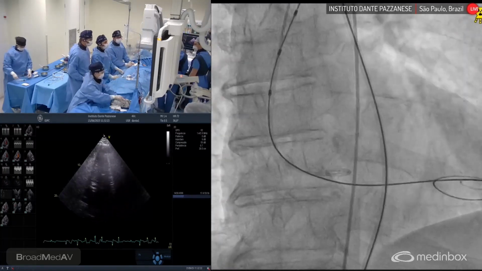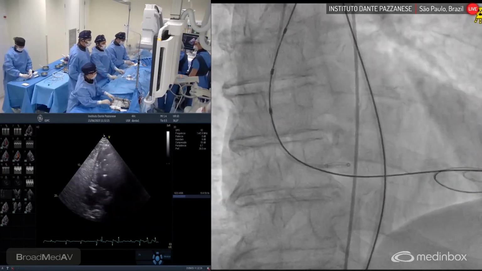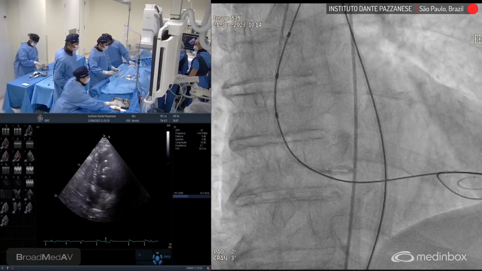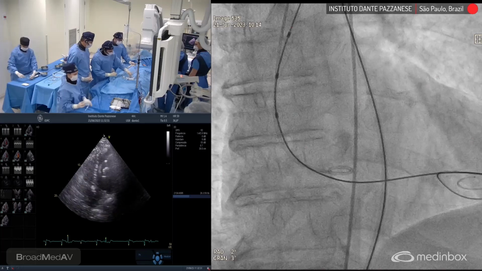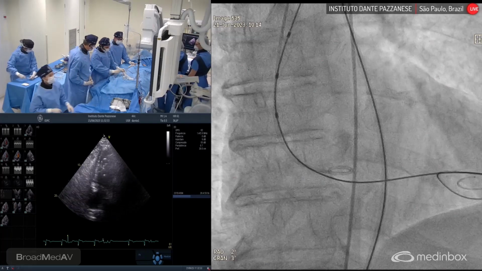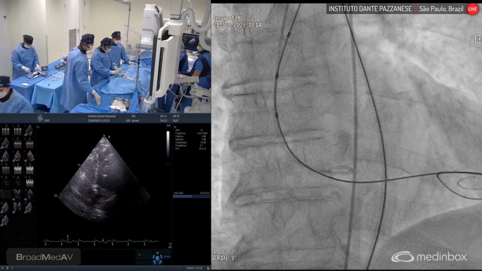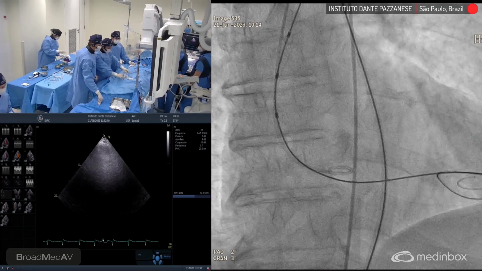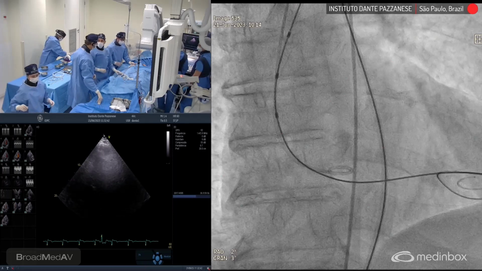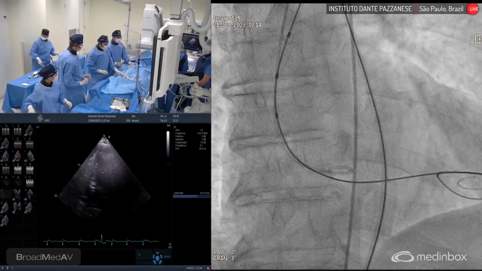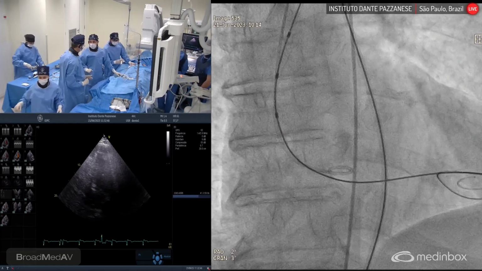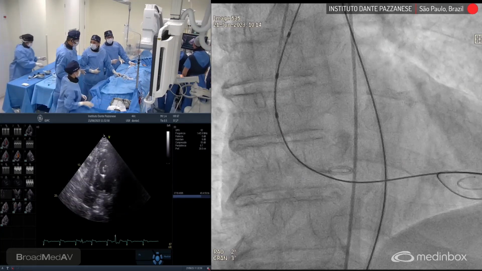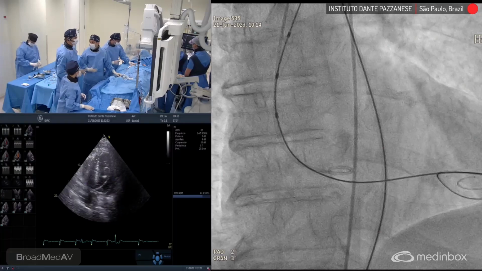Dimitri, what is the current evidence supporting TAVR in bicuspid valve? Well, we have no randomized data so far, but the evidence we got from large registries has shown that the results are very encouraging, very good clinical results with a low rate of PVL.